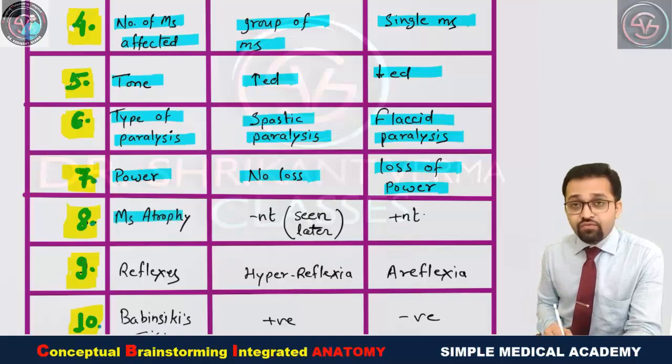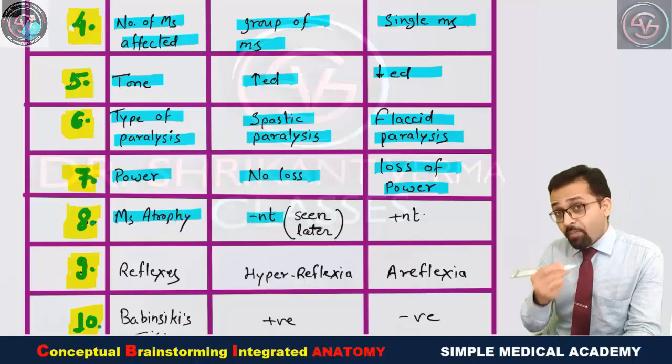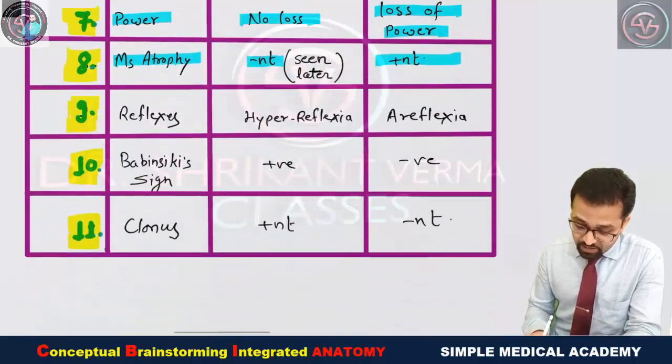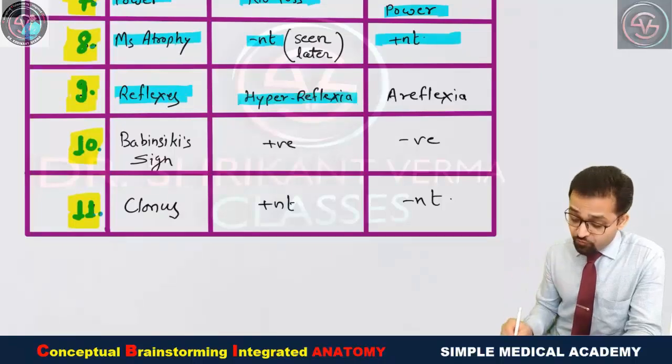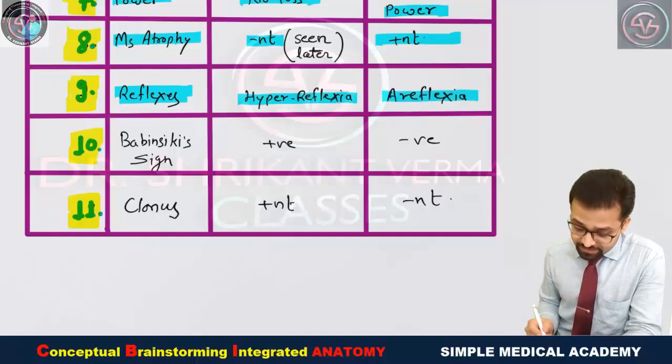Now muscle atrophy, we have already seen this point: it is absent in upper motor neuron paralysis, while it is present in lower motor neuron paralysis. Now what about the reflexes? In upper motor neuron paralysis, hyperreflexia is found, while in lower motor neuron paralysis, areflexia is seen.